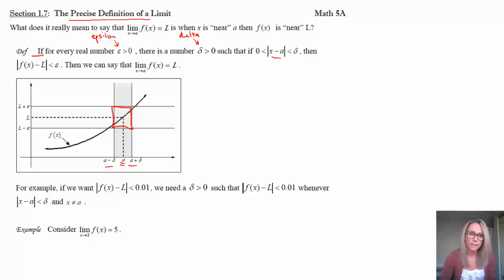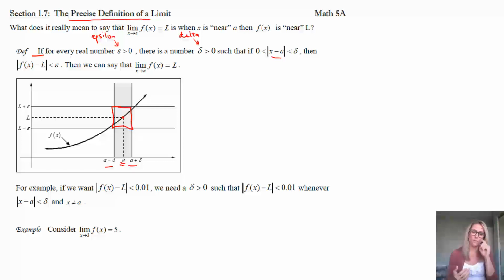and we have our value here that we see, but we are trying to show in a more precise, technical way, that as we get infinitely close this way, we get infinitely close this way.